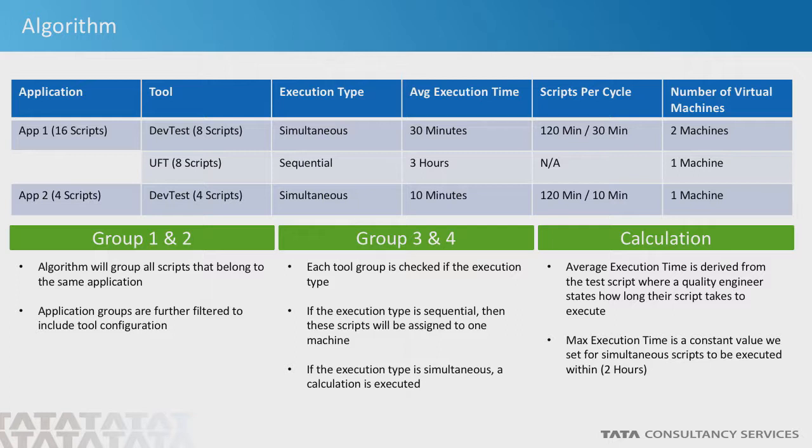However, you can see here that the UFT scripts are marked as sequential. Sequential execution means that I assign all of those test scripts onto one machine and only one machine because they execute sequentially. So I only need one virtual machine.